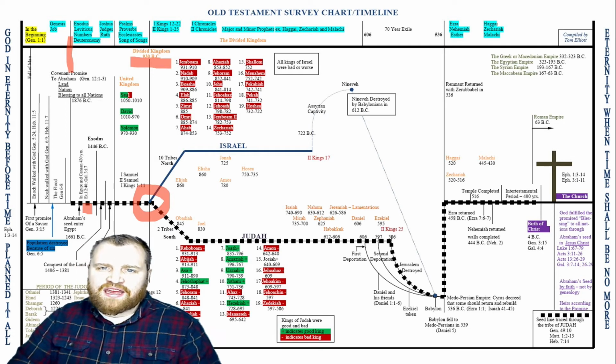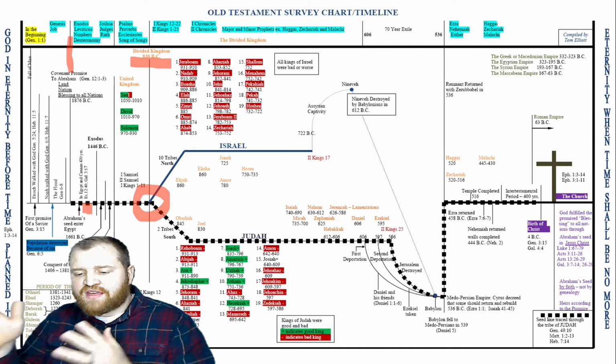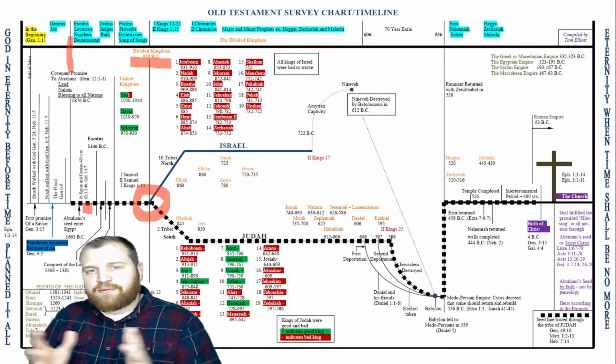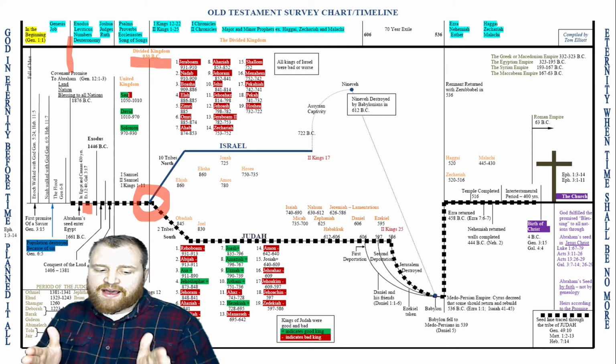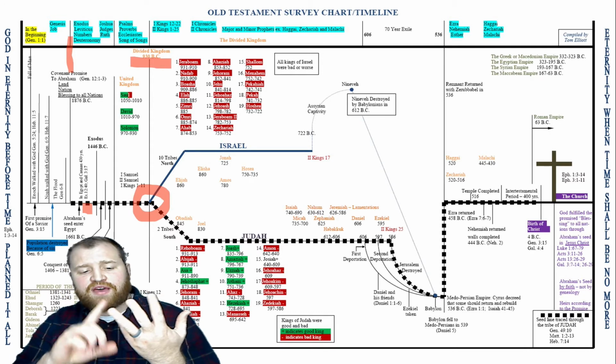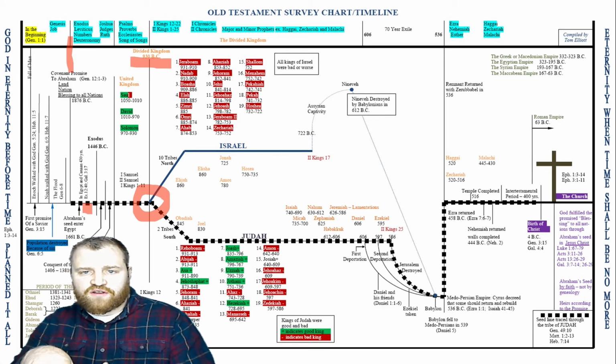I think Saul's about 80 years, David's 40 to 60 years when he's king, and then Solomon reigns. So, I mean, you've had a lot of stuff happening up until this point, right? Up until this time, you've had Abraham, Isaac, Jacob, Moses, Joshua, the period of the Judges. Ruth is during the period of the Judges.